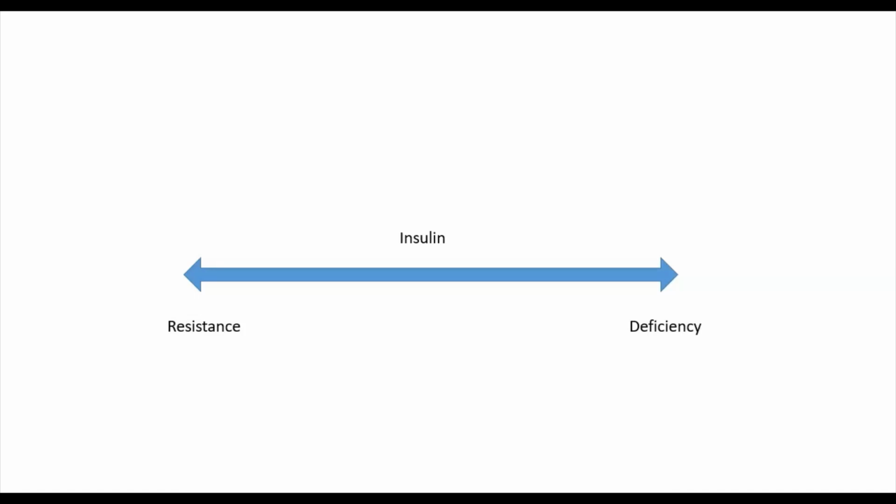In contrast, insulin deficiency can also be acquired through chronic pancreatic disease, such as pancreatitis or pancreatic malignancy, and this form of insulin deficiency is known as type 3C diabetes.